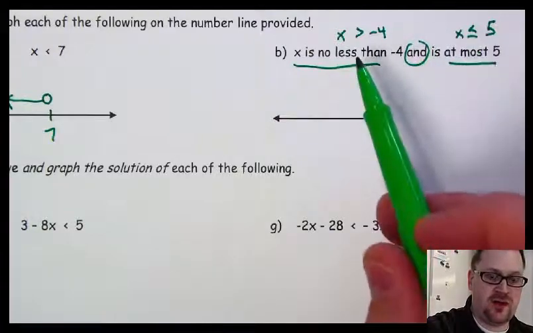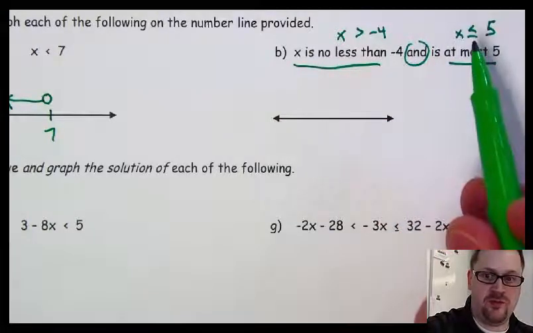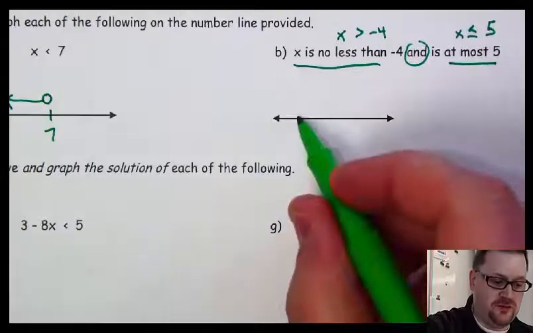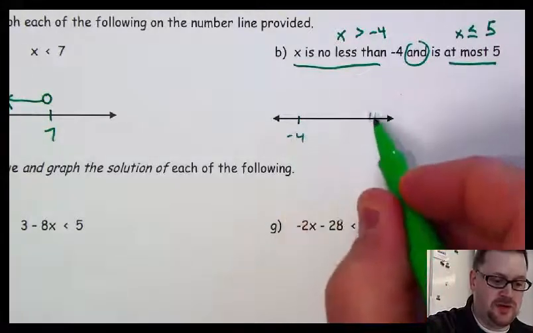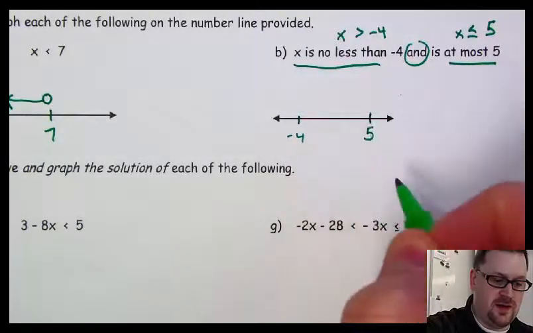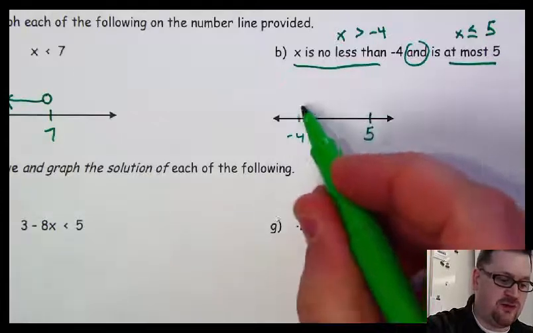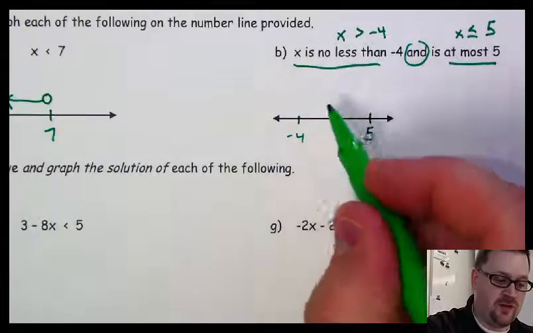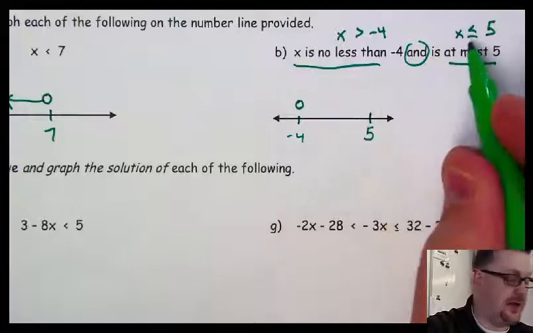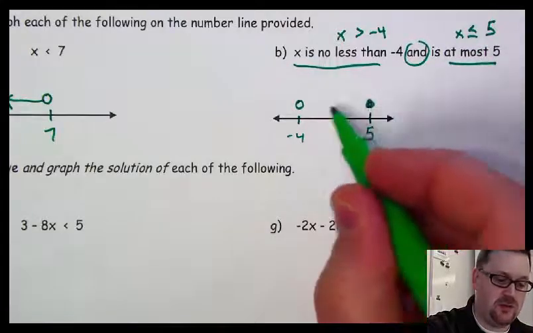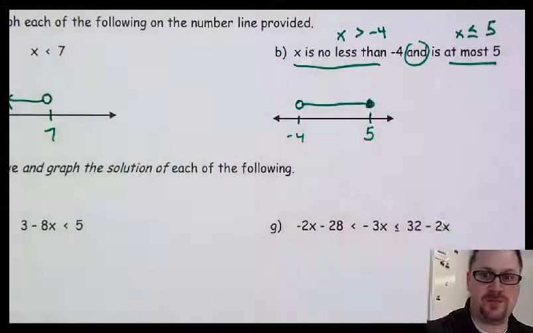Can a number be greater than -4 and less than or equal to 5? Yes. So what that means, we need these two numbers, and x is going to be somewhere between them. That one right there has an open circle. That one would be a closed circle, and we go in between.